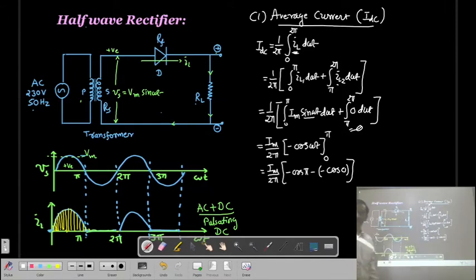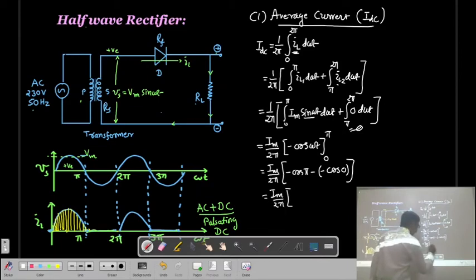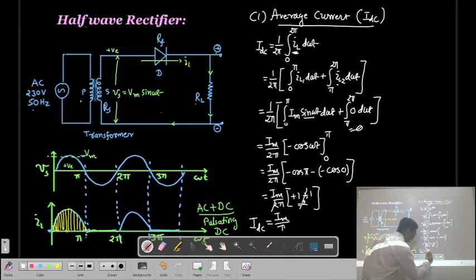We put in this limit of integration. So you will get Im by 2 pi, and cos pi is minus 1, and with the minus sign it will be plus 1. Cos 0 is 1, so minus minus gives plus 1. This plus 1 and this plus 1 make 2, so the 2 and the 2 cancel. So we can say that the DC current of this rectifier is given by Im by pi.